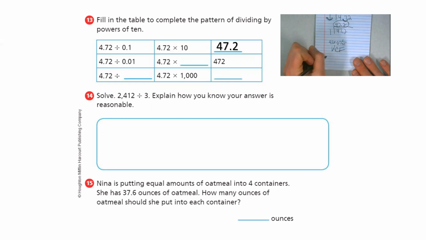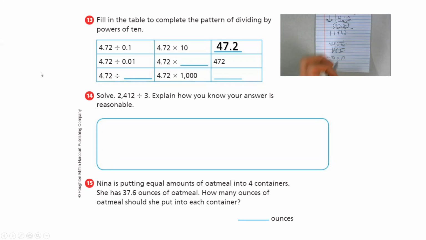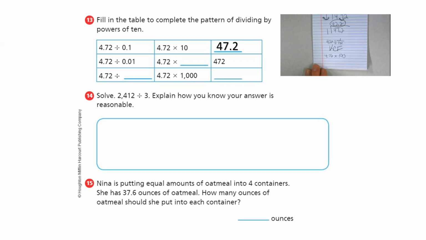Keep 4.72, change, flip. 1/100th is the same thing as multiplying by 100. And then if you have 4.72 divided by what is the same thing as multiplying by 1,000? Well, if you divide by 1/1000th, it's the same thing as multiplying by 1,000. And that answer is 4,720. We'll skip 14. We'll do that later.